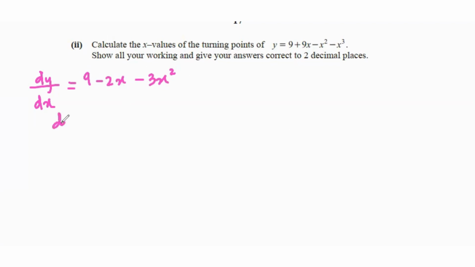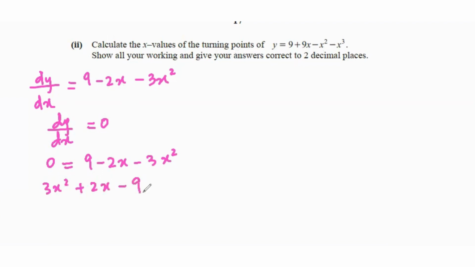For the turning points, you always put dy by dx equal to 0. 0 equals 9 minus 2x minus 3x squared. Make everything positive, so 3x squared plus 2x minus 9. Since it says correct to 2 decimal places, that means we'll use the quadratic formula.